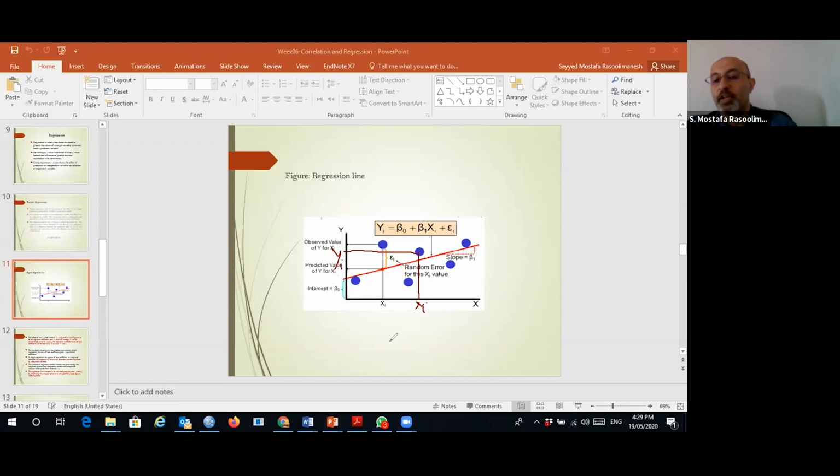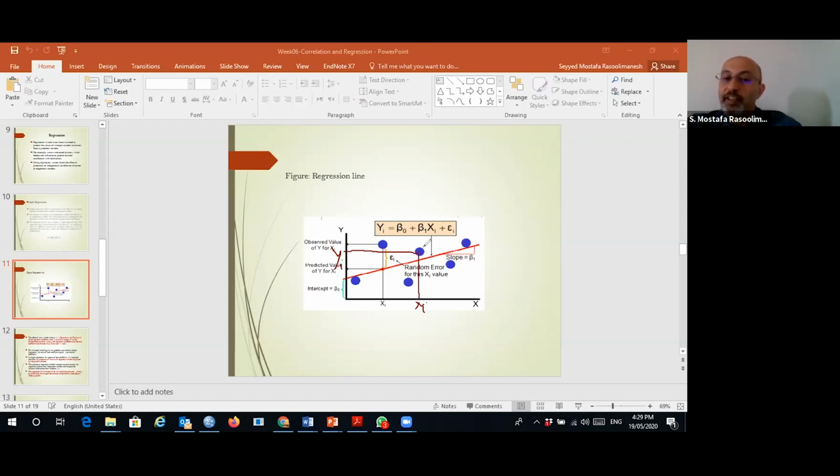So for each case, we have one X and one Y. For example, for respondent number 10 in your data set, you have one value for community attachment and one value for support for tourism development, right?